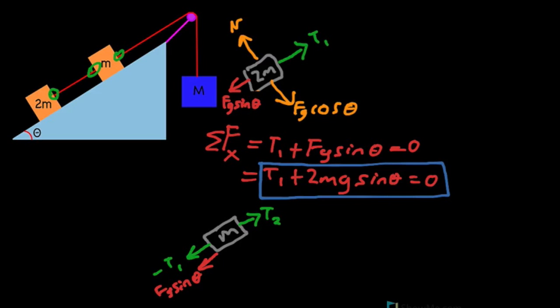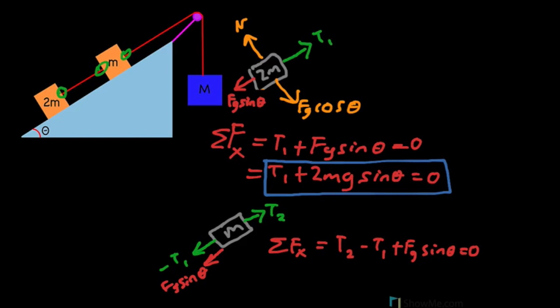And so what we learn from this is that the sum of forces along the x direction, which is equal to T2 minus T1 plus Fg sine theta, is all equal to 0. And again, we can replace Fg with mg, so we have T2 minus T1 plus mg sine theta all equals 0. And that's our second important equation.